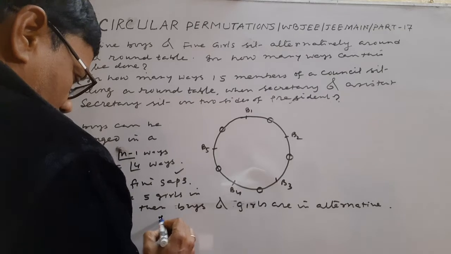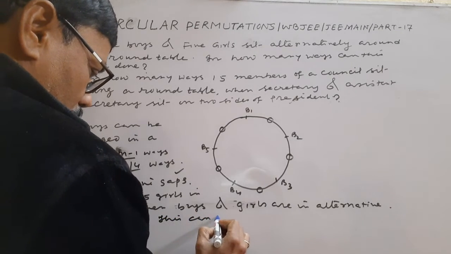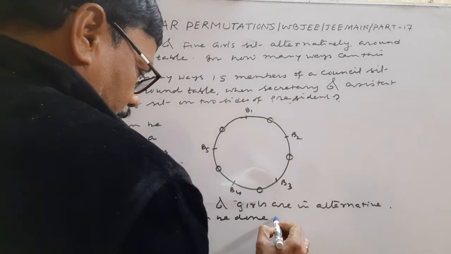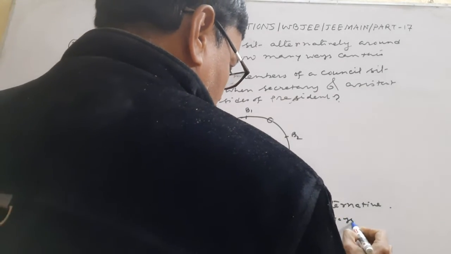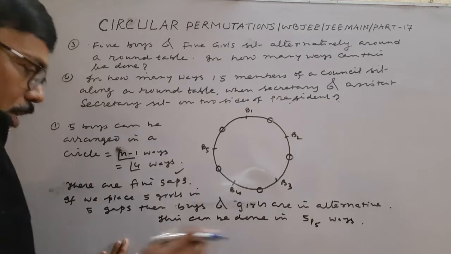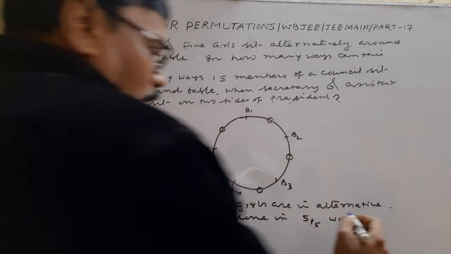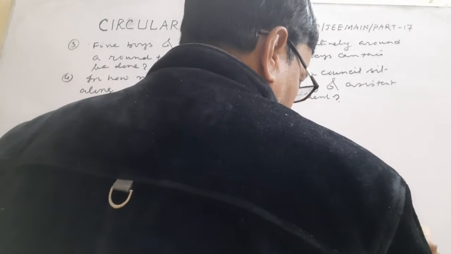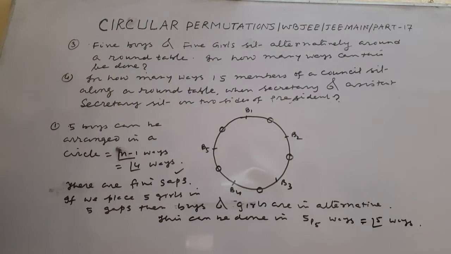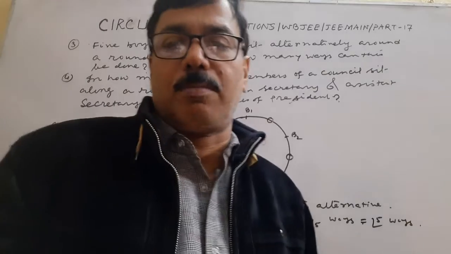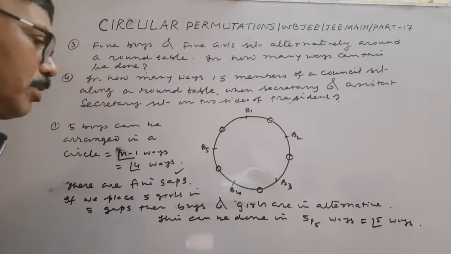So this can be done in 5P5 ways, not circular here, that is factorial 5 ways. 5 gaps and 5 girls, 5P5.